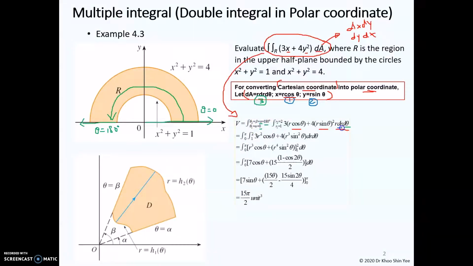Let's continue to find the limit for the radius. You should know the radius is located in this direction. From this figure, the lower limit for the radius is located here, where the radius is equal to 1. And the upper limit for the radius is this, where the radius is equal to 2, so that you obtain this curve.